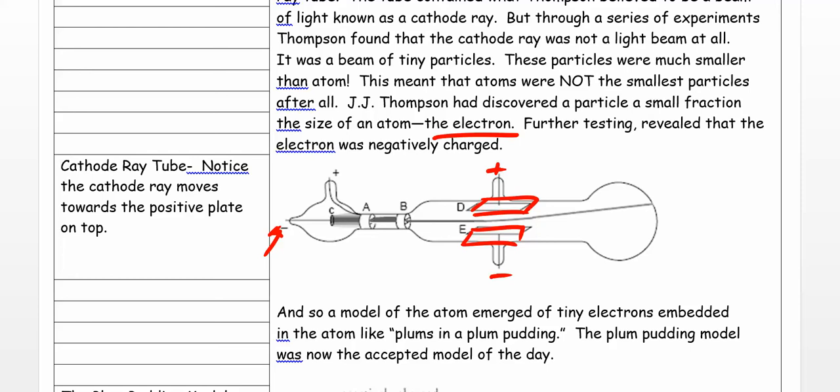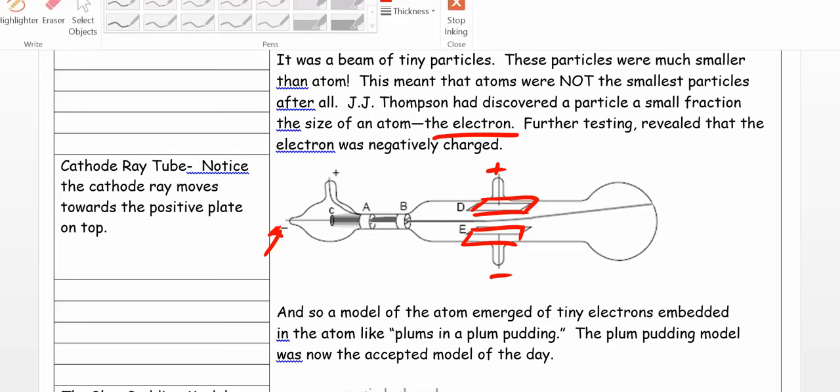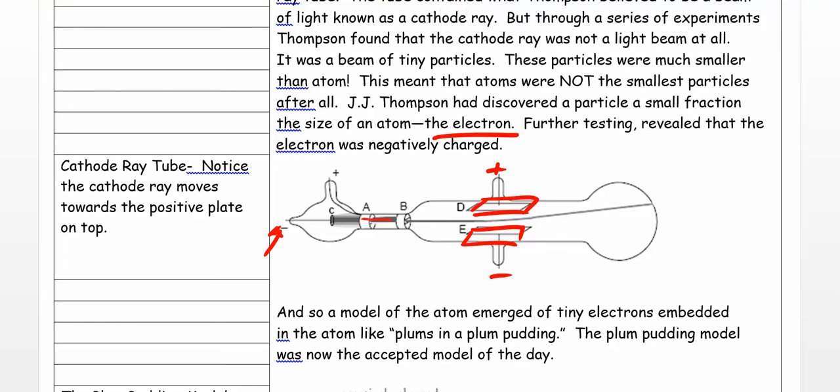And what happened was that as the cathode rays were moved from one side to the other, from say left to right, these cathode rays would deflect, right? What did that mean? Well, they always deflected in the direction of the positive plate.